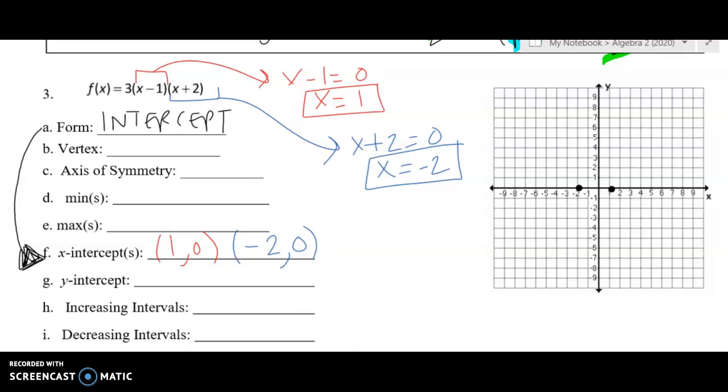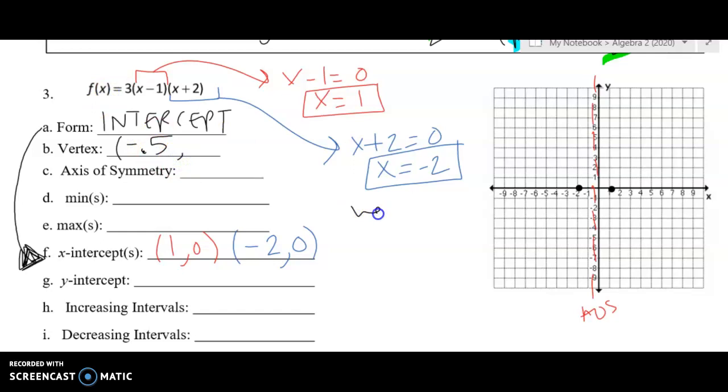So this is a little tricky but the line that cuts these 2 points in half would be at -1/2, and I'm just putting a little red dotted line there. So that would be my axis of symmetry. See how I just counted until they met in the middle? So this means that my vertex, the x value, is at -0.5.